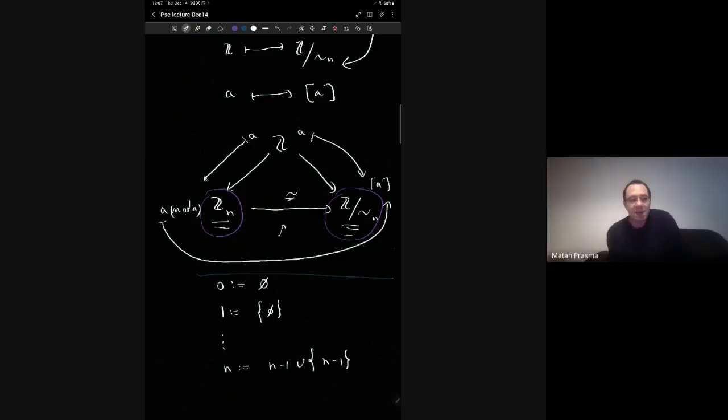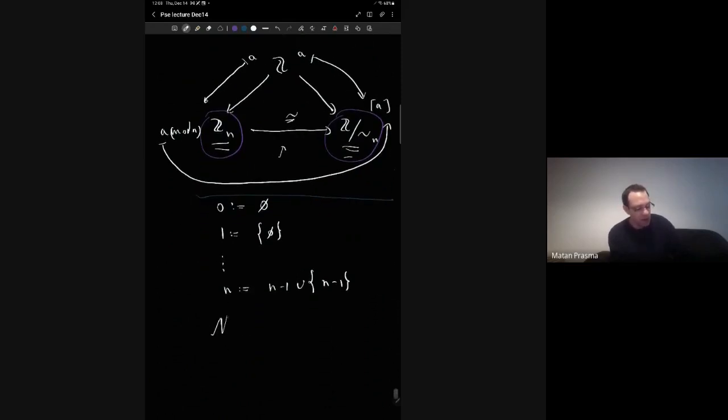And you can ask, how would I define the integers, for example? This gives you a definition of all the natural numbers, actually natural numbers plus 0. Let's just call it N. How would I define the integers?